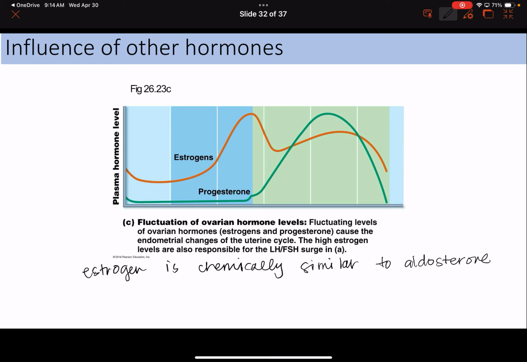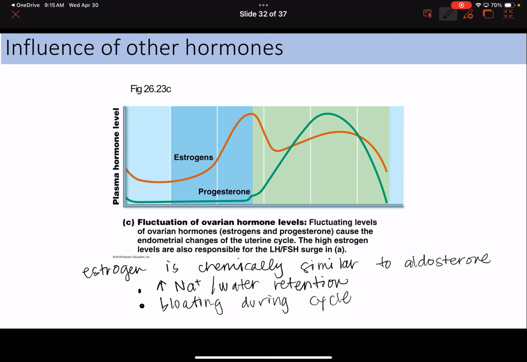So estrogen, unfortunately, causes increased sodium and water retention, which is why women get bloating during their cycle. And usually they're most bloated right before ovulation. Okay. And also the reason why you have water retention in pregnancy. The estrogen causes more salt retention, which causes more water retention.